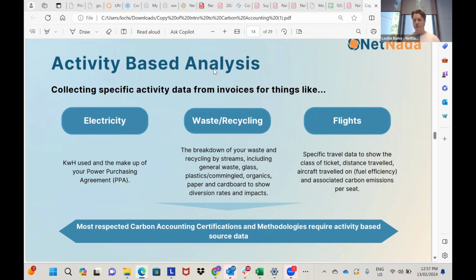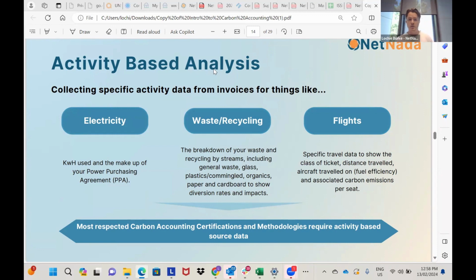Now, the activity-based analysis also has its strengths and weaknesses. It obviously is a slightly more labor-intensive process. At NetNada, we use OCRs, which are optical character recognition systems, which automate the reading of the bills. But of course, if you're a company like some of the businesses we work with that have hundreds of sites, and let's say you're getting electricity bills once a month, then that pretty quickly multiplies into 1,200 or so bills a year.